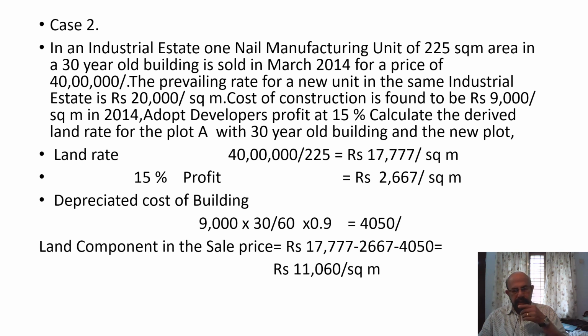Depreciated cost of building is 9,000 by 60 into 0.9, which is equal to 4,050. Land component in the sale price is equal to rupees 17,777 minus the profit 2,667 minus 4,050, which is equal to rupees 11,060 per square meter.